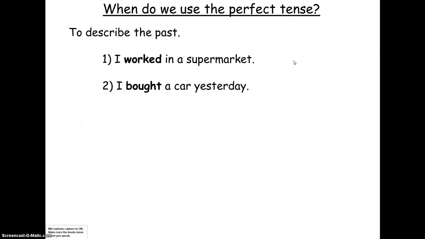"I bought a car yesterday" is an irregular verb in English, which shows that it doesn't have to end in ED. But that is still the same form of the verb in English, one word. However, there are examples where more than one word is used. For example, "she was speaking to her friend."